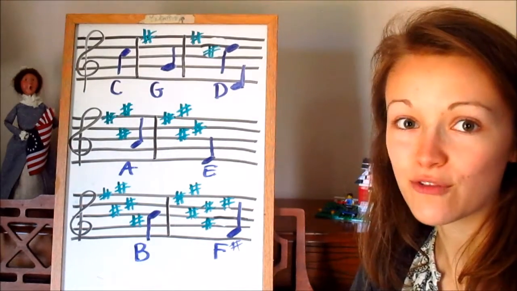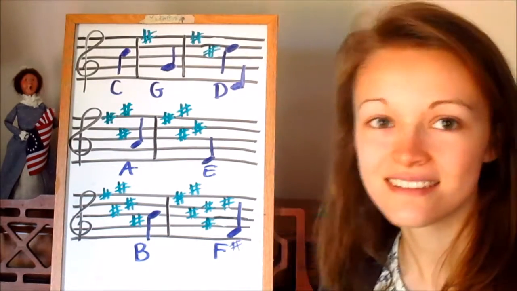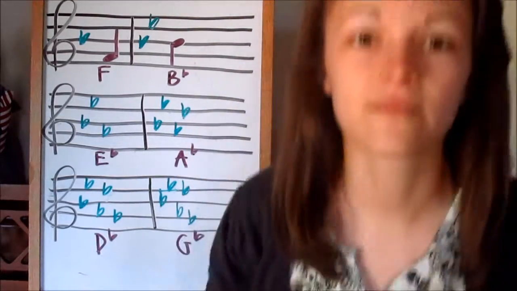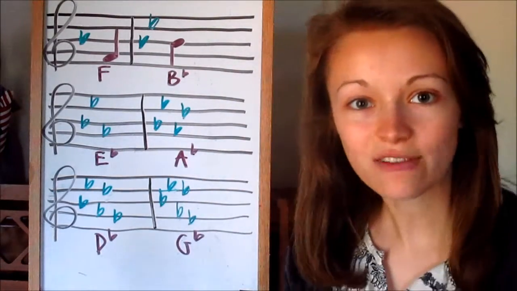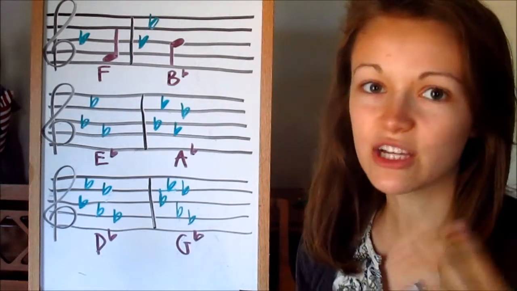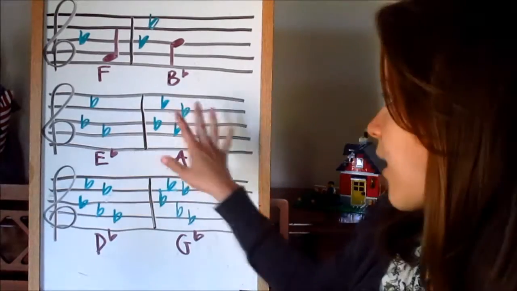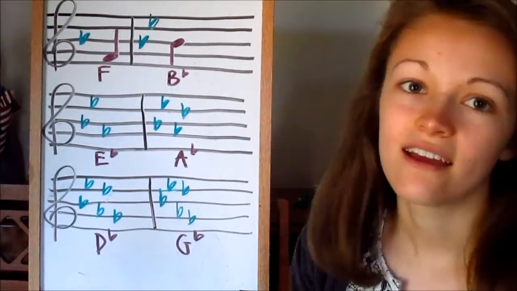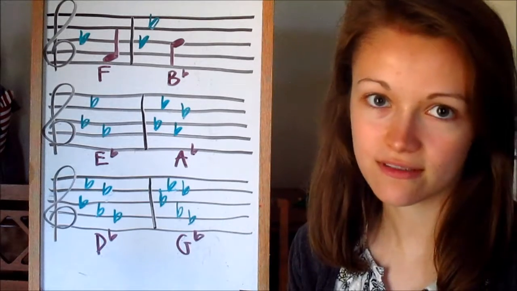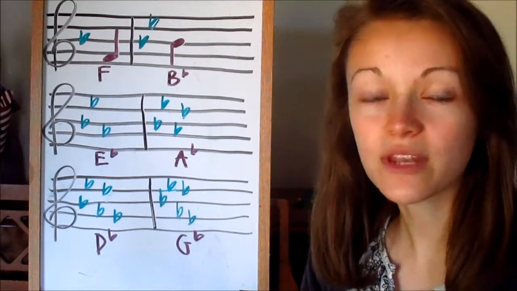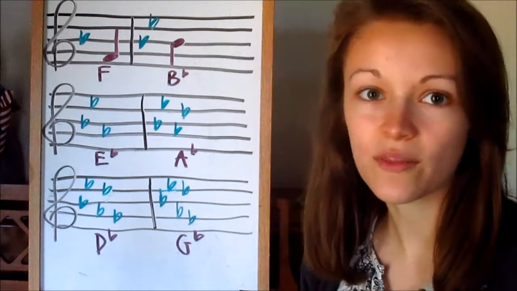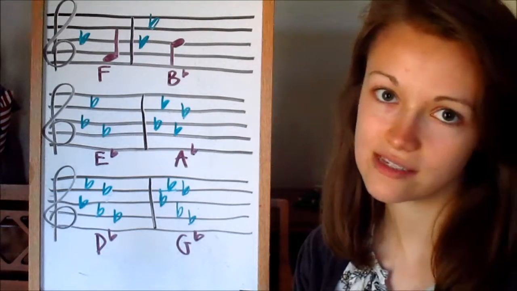So now we're going to move on to flats. You can go about evaluating keys that are represented by flats in the same way that you can evaluate keys represented by sharps. You can count the number of flats, and the number of flats will tell you what key the song is in based on a mnemonic device.